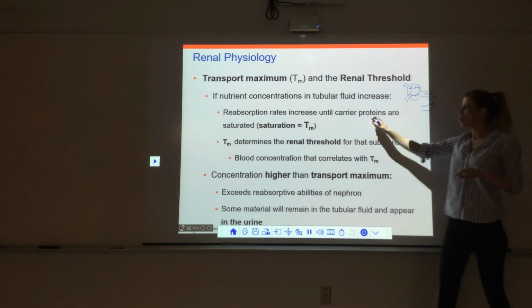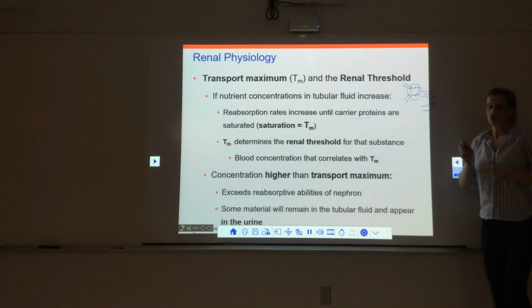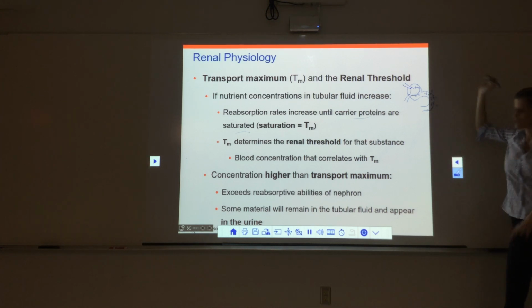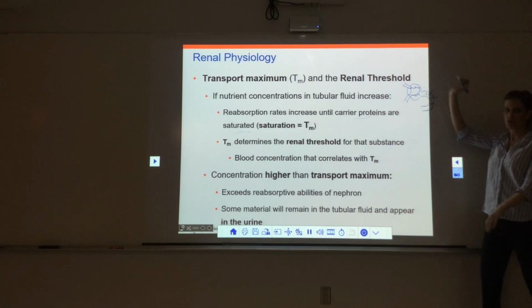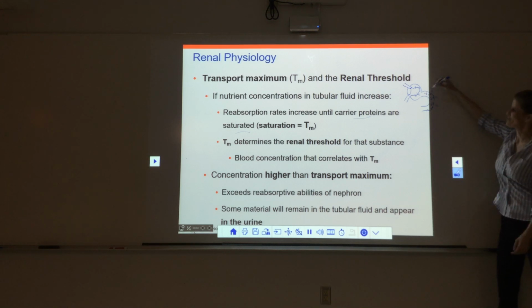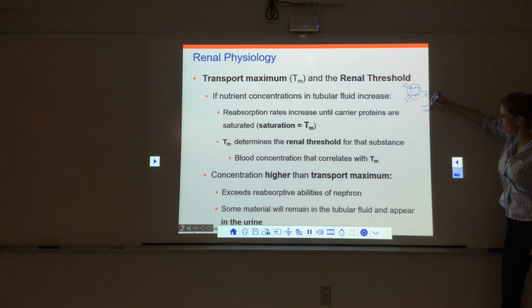That happens until all of the carrier proteins get saturated. So say I have 1, 2, 3, 4, 5, 6 carrier proteins. And here I have 1, 2, 3 glucose molecules. That's fine. I can reabsorb everything. Then I eat a huge meal, right? And now I've got a ton of glucose in my blood. So when I filter this fluid out, I've got tons and tons of glucose in it, right?